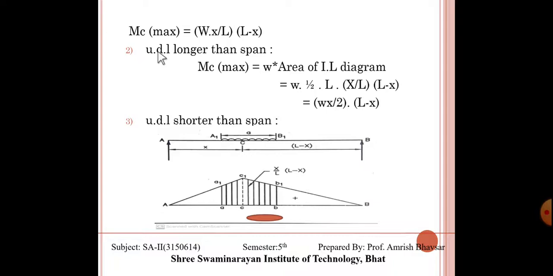When the UDL is longer than the span, then Mc is maximum, W into the area of the influence line diagram, that is W into 1/2 of L into x upon L into L minus x.